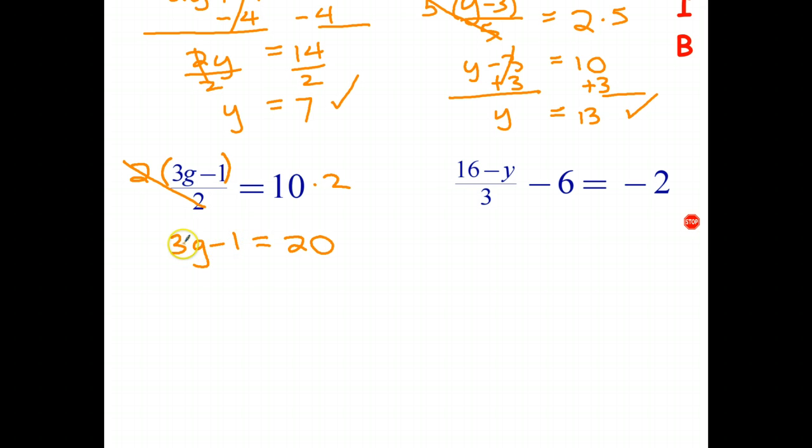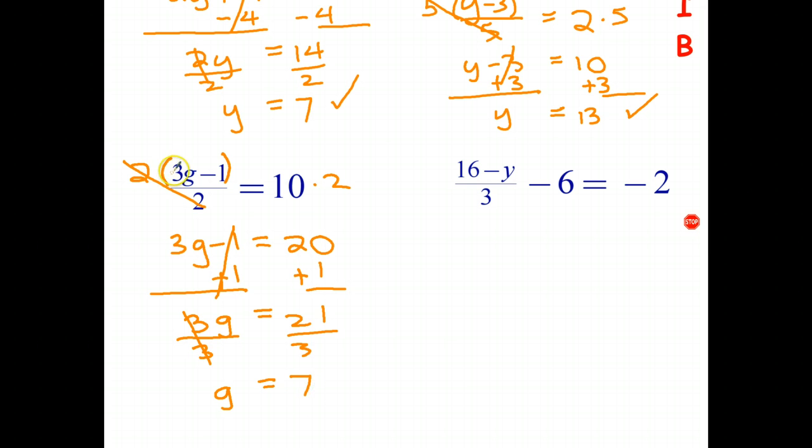Now I've got to solve this. So first I undo the subtracting by adding 1 to both sides. 3g equals 21. Divide both sides by 3. And I end up with g equals 7.